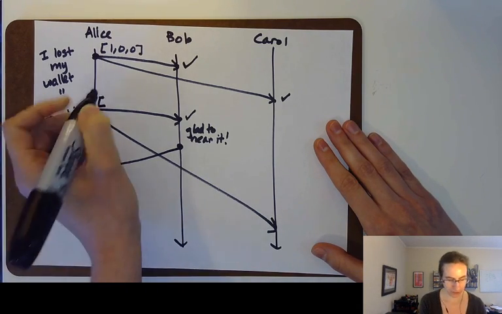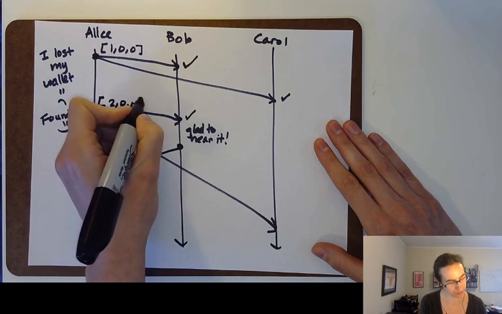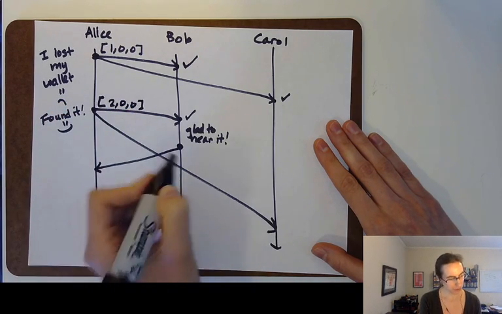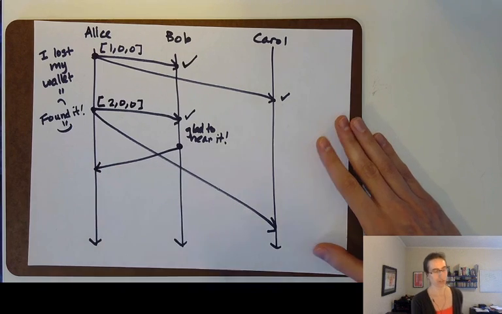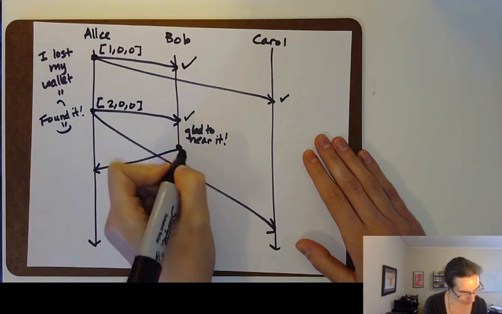I suppose I should write the vector clock here too. So this was 200. What's the vector clock attached to this glad to hear it message? Yeah, that's right. That one should be 210.